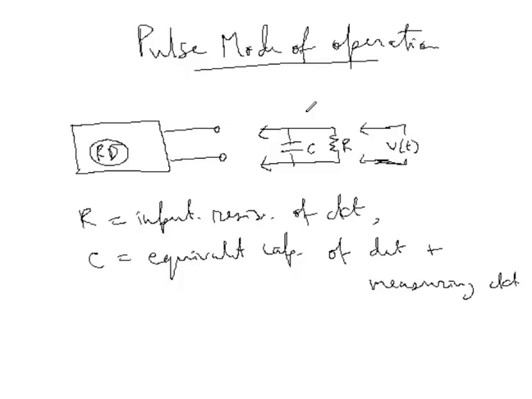Now, what is the time constant? From simple analysis you can say the time constant is just the product of R and C. So let me talk about these two extremes of operation. The first one is small time constant, small RC.